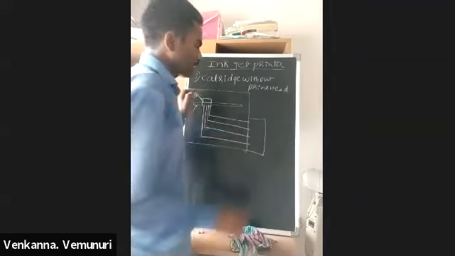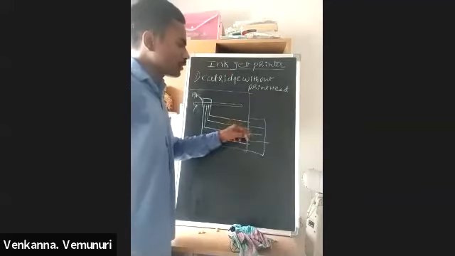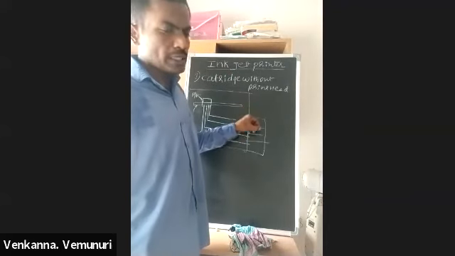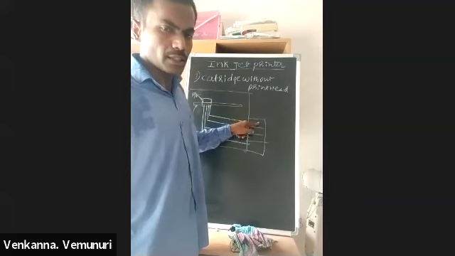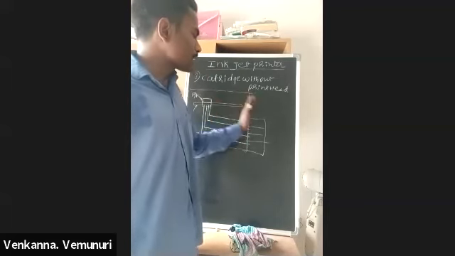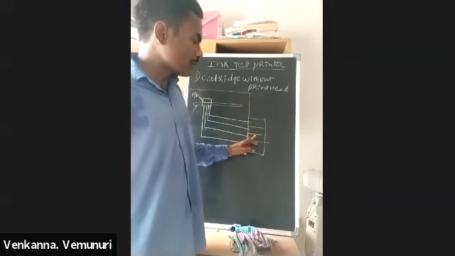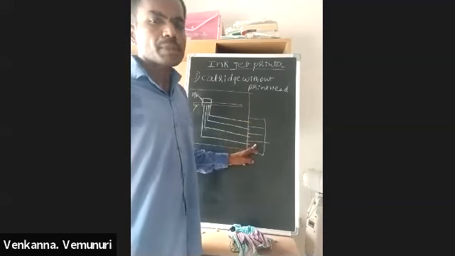If any ink level is low, you directly remove that cap and fill in the ink. So this is a printer with external ink tanks. This type of facility is also available nowadays in basic printers.